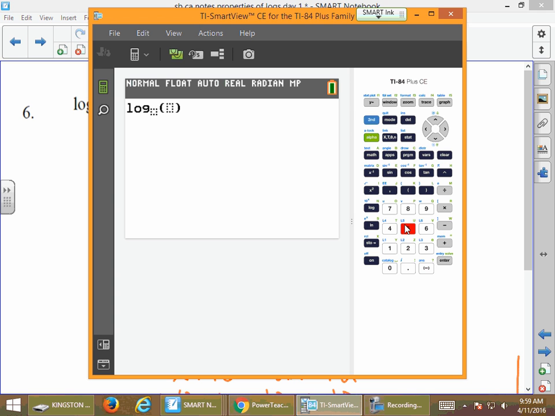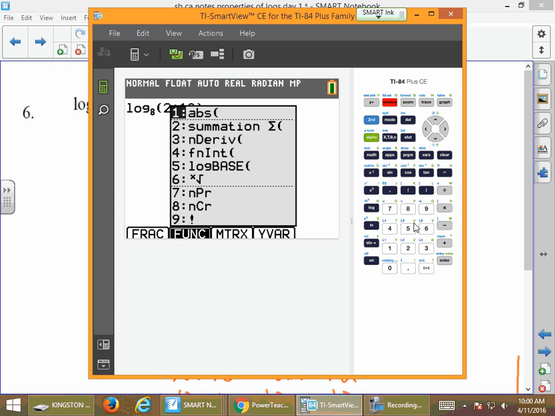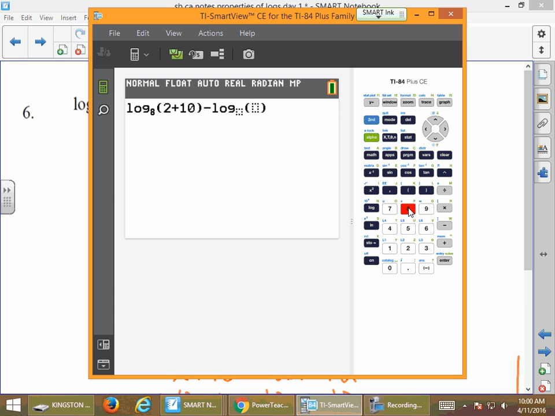Log base 8 of 2 plus 10, minus log base 8 of 2 minus 1 gives us that decimal.